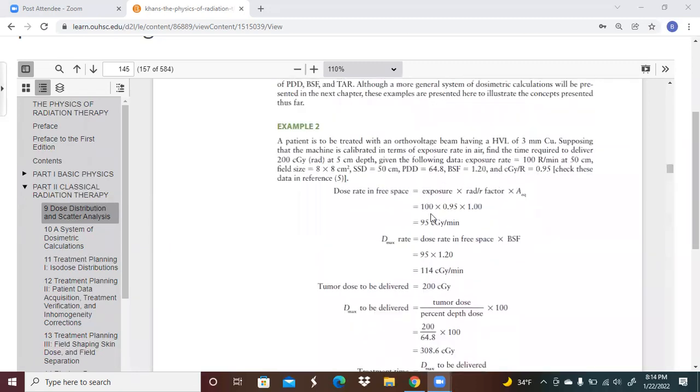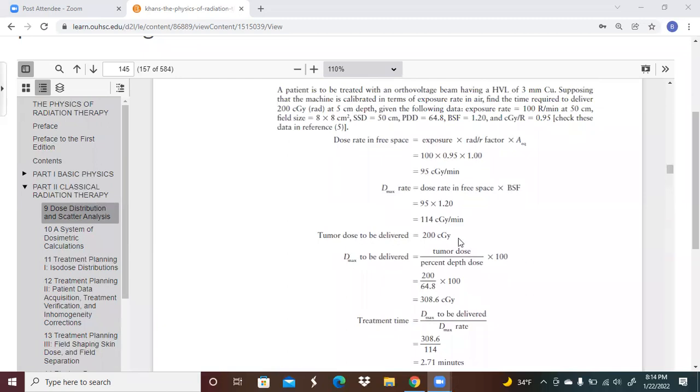So again, we know what the dose being delivered is at a particular point in space. What we are attempting to do is set up the delivery of 200 centigray to be at the maximum, or D max.